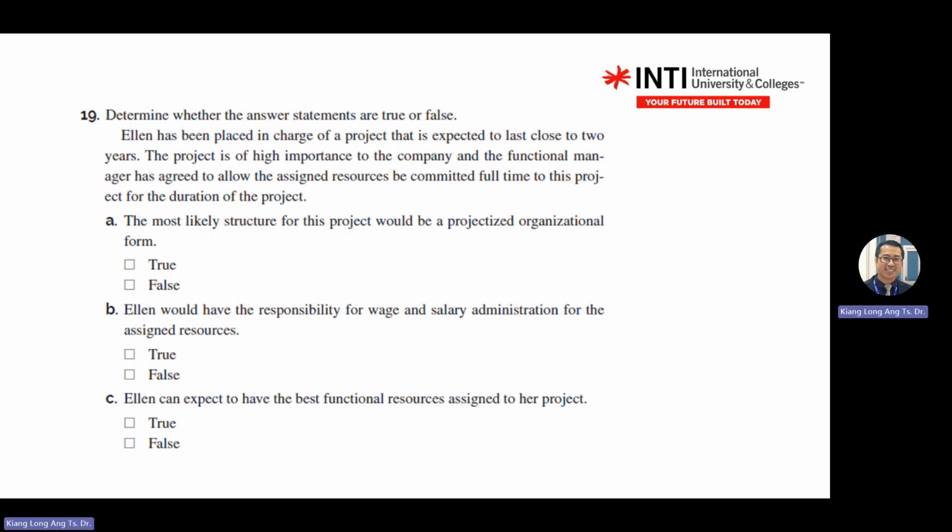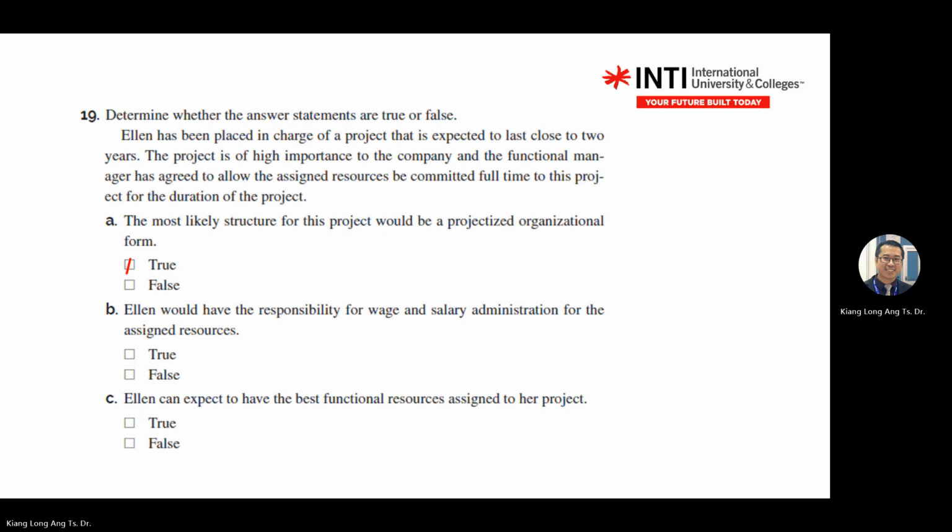This is highly important to the company, and functional managers have agreed to allow resources to be committed full-time for the duration of the project. So it means allocation of the resources now changes to full-time, not part-time. Most likely the structure of this project will be a projectized organization. True or false?